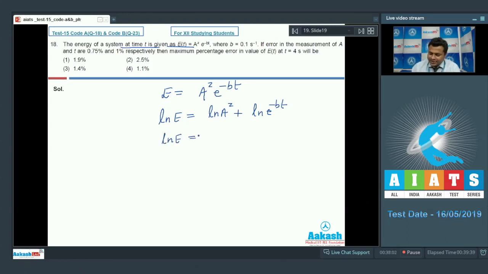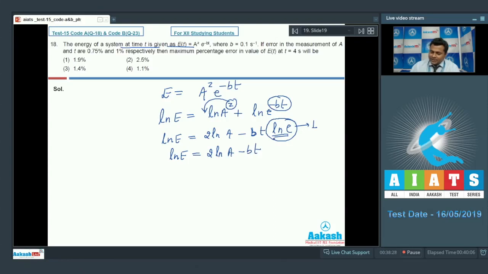One more step, ln A² comes out as 2 times ln A, and this will also come out as minus bt ln e. Taking the natural log of e always gets you 1. So the equation becomes ln E equals 2 ln A minus bt.